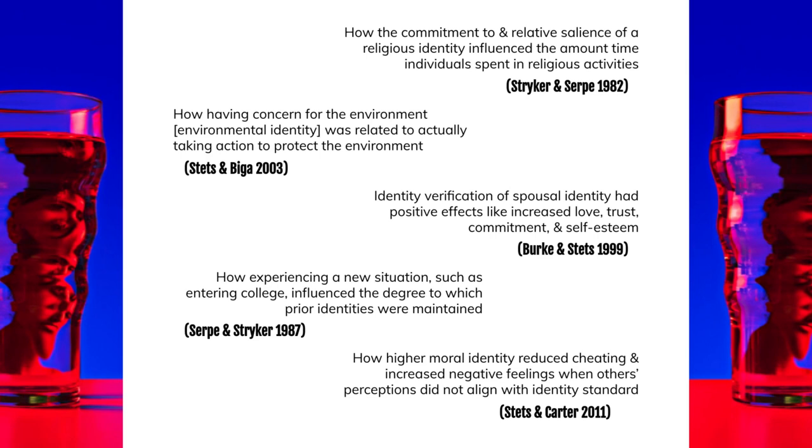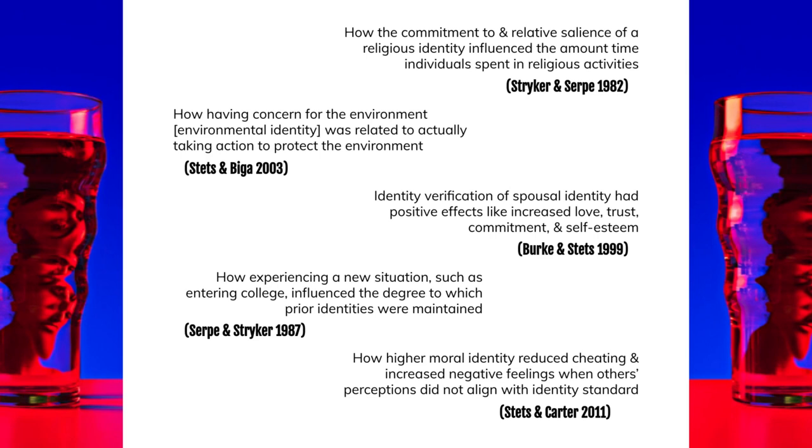The first example is how commitment to and salience of a religious identity influenced time spent in religious activities. And another is how having concern for the environment, they called it an environmental identity, but seeing yourself as someone who is particularly environmentally conscious, was related to actually taking action to protect the environment.